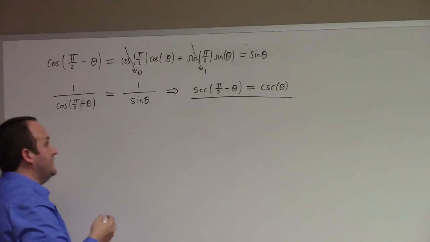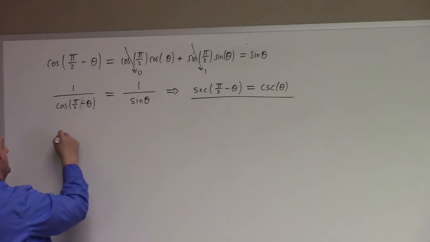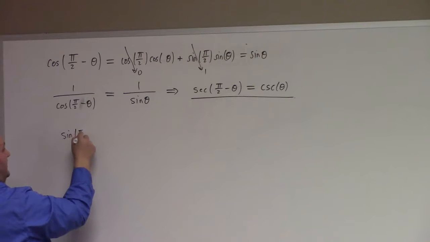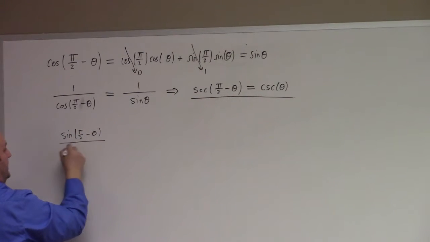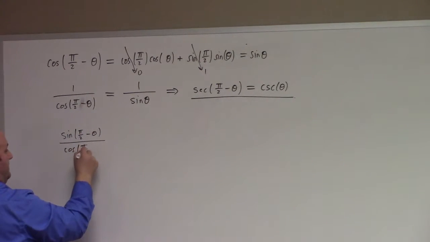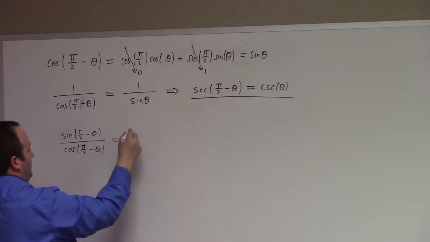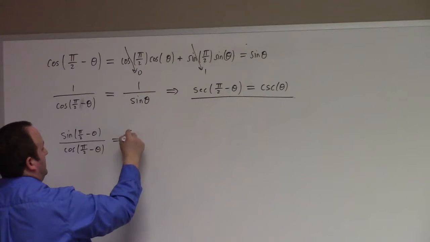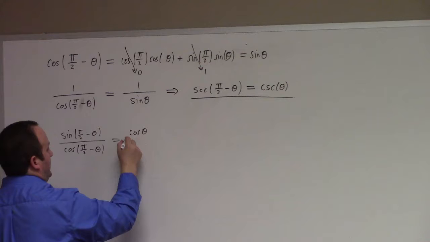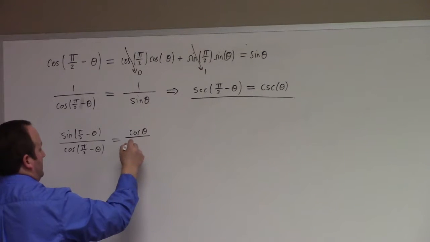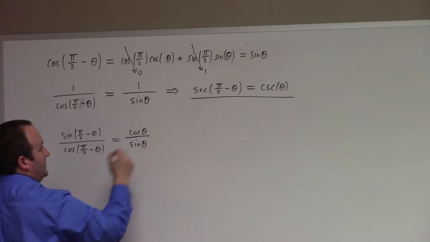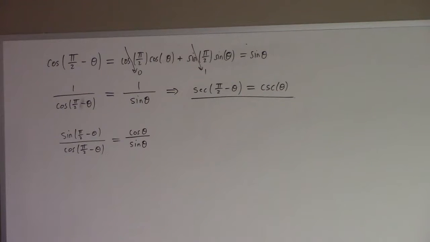But what else? If you divide sine of pi over 2 minus theta by cosine of pi over 2 minus theta, what do you get? You get cosine theta divided by sine theta, right? Using both of the identities I just derived today.